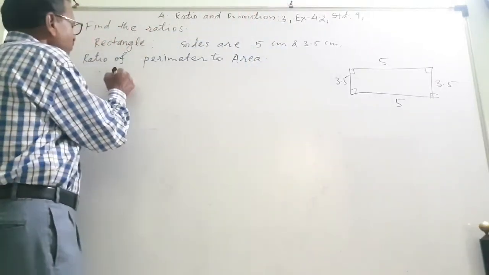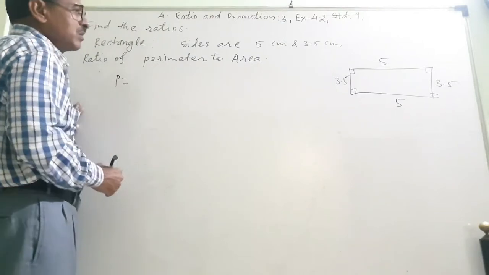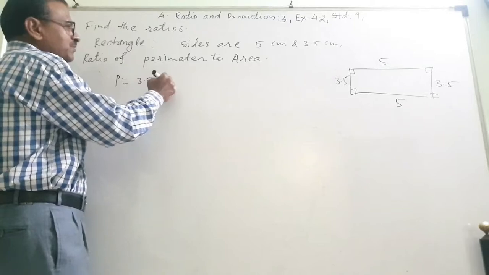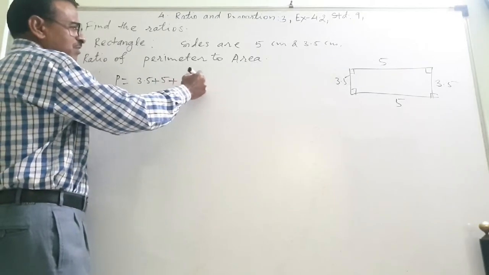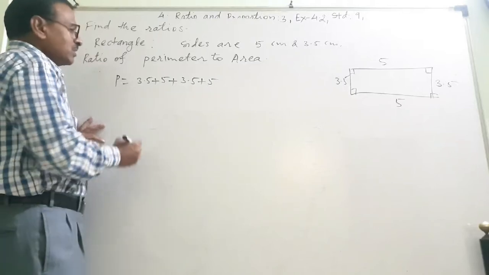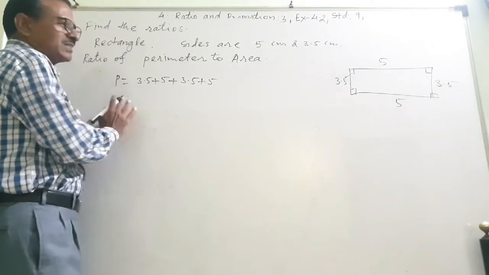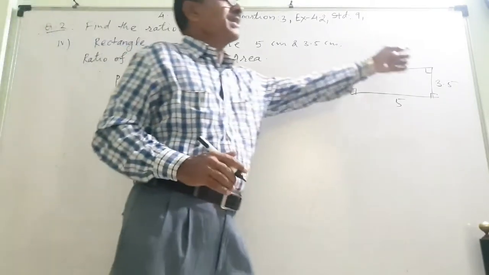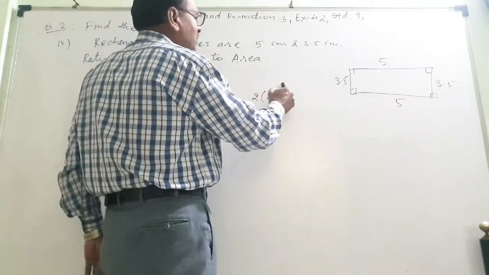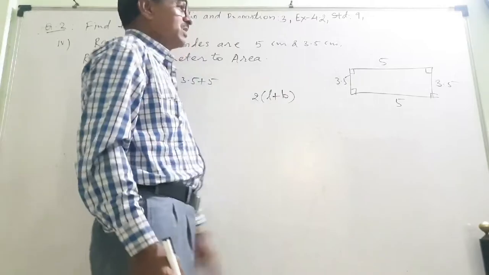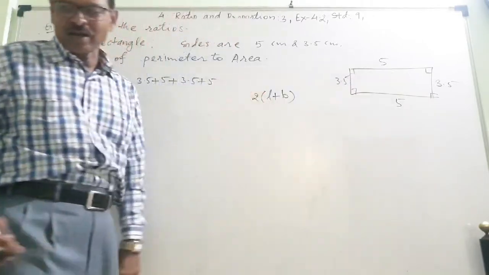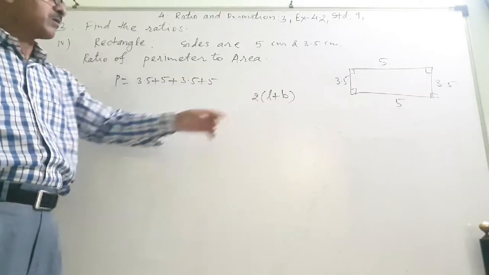So perimeter P is equal to sum of all the sides, means 3.5 plus 5 plus 3.5 plus 5. Understood this? This is just the general idea I am giving. Actually the formula is 2 into L plus B. See this, 2 lengths plus 2 breadths. This is the formula. I will use this formula.